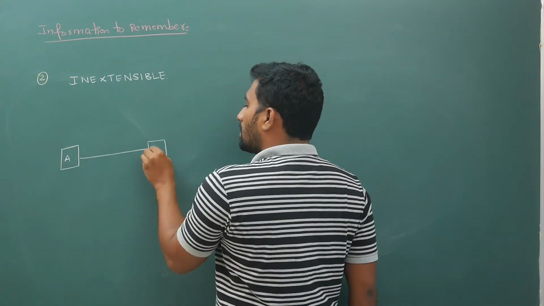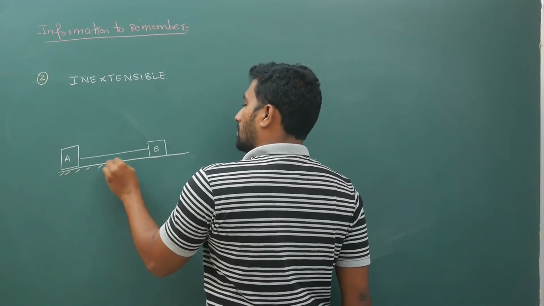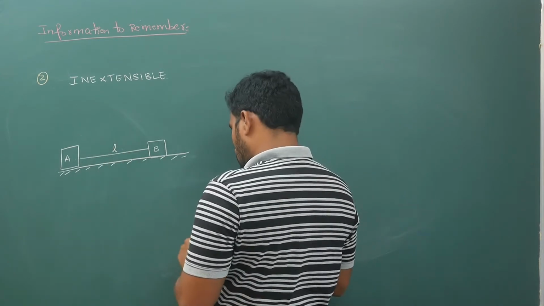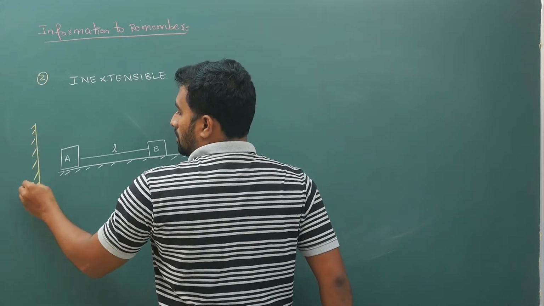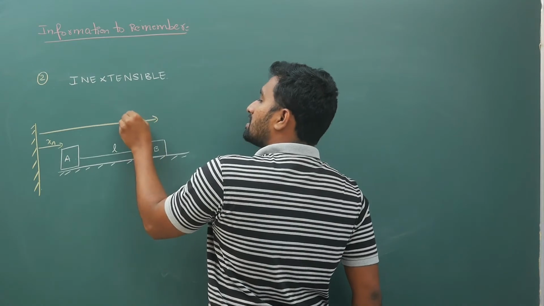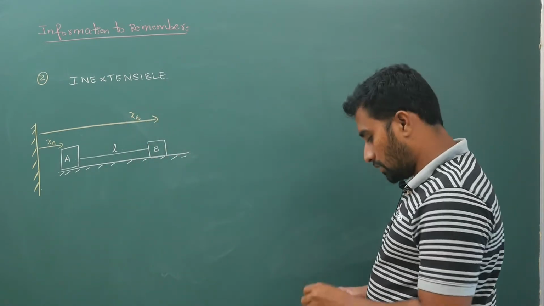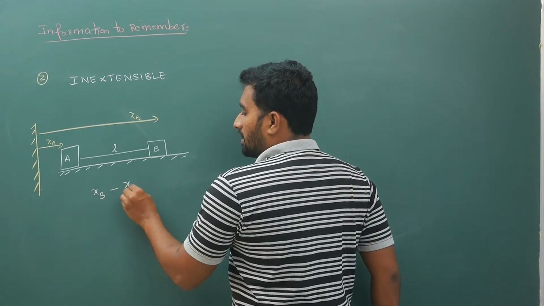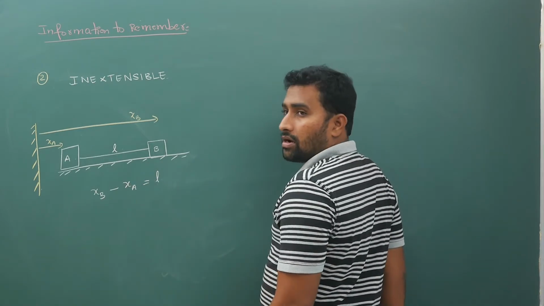If there is some block A here and block B here, and the string's length is L. Now if you have some wall and you measure this distance as XA and this distance as XB, and the string is inextensible, then XB minus XA is equal to L. This is going to remain constant.